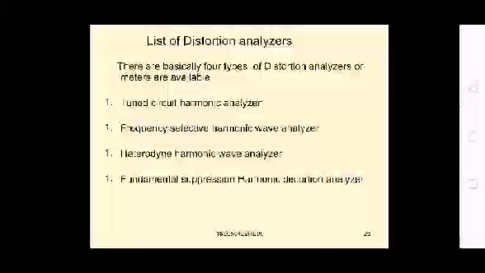So we have different types of distortion analyzers: tuned circuit, frequency selective, heterodyne, and the last one, fundamental suppression harmonic distortion analyzer. In our syllabus we have the fundamental suppression type, which we will discuss in the next class.